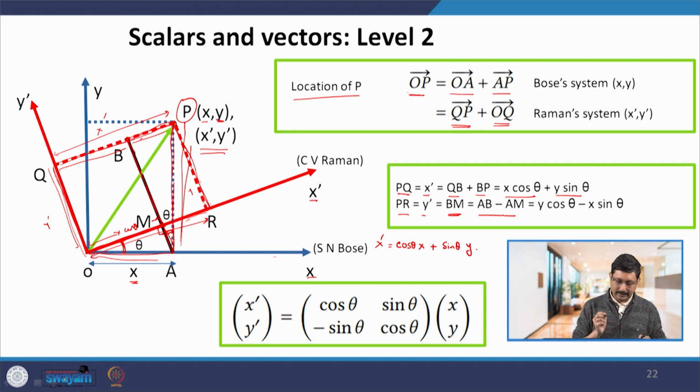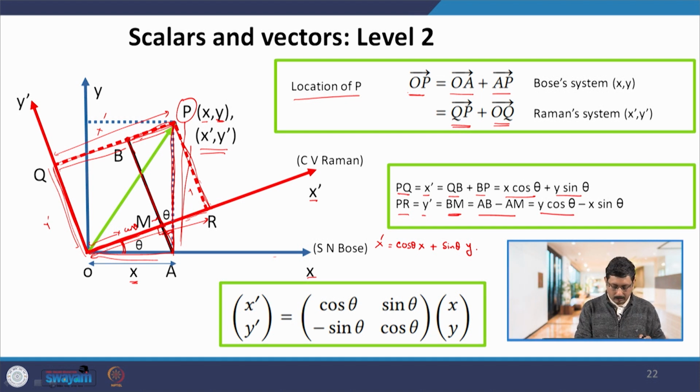Now, how much is AB? If I again consider this triangle ABP, we know this AP is y. So, and this angle is theta, then AB must be y cos theta.